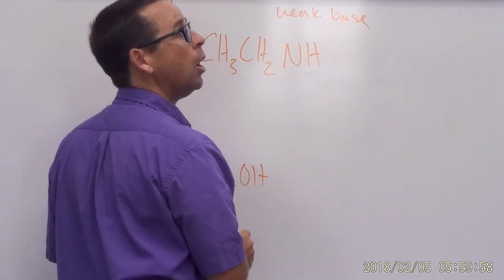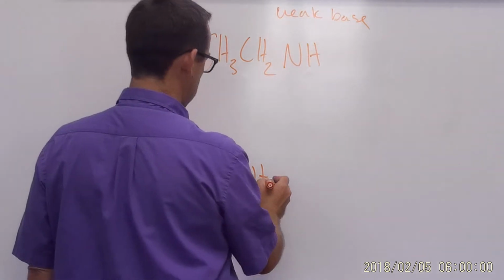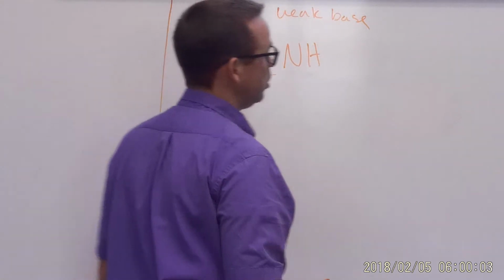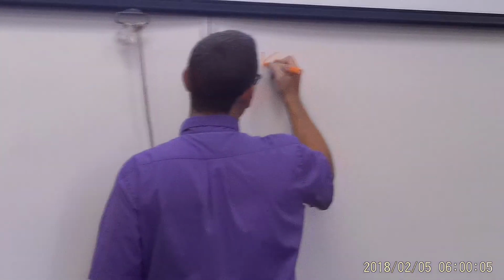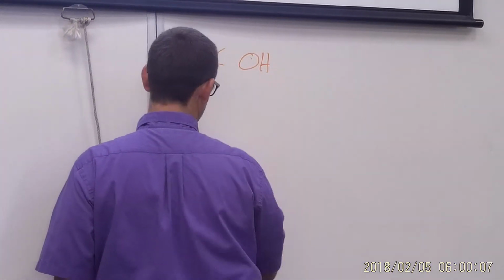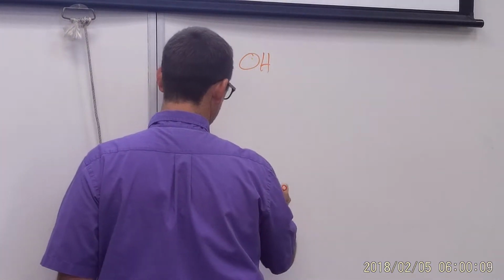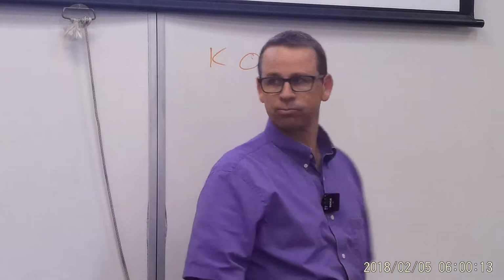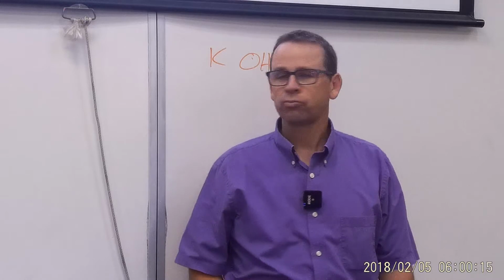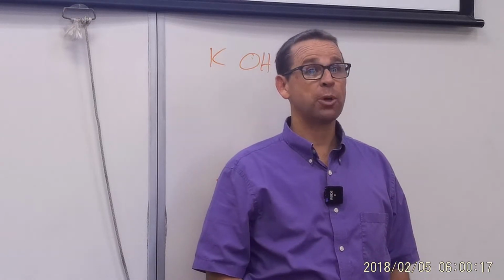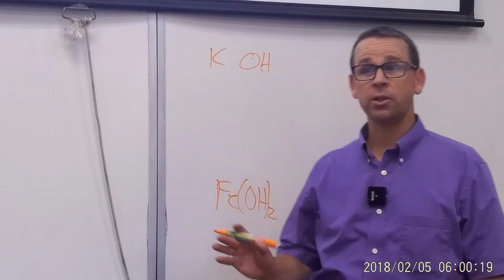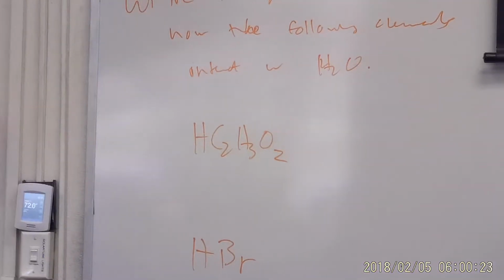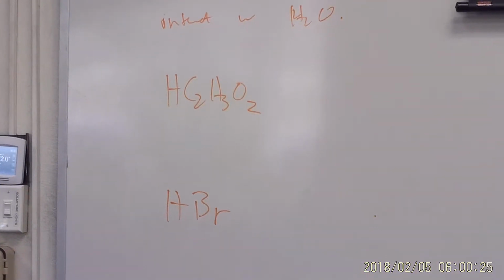Ba(OH)2, KOH, Fe(OH)2. All right, so we have some practice problems here. We're going to write how all of these interact with water. I'll throw a couple others over here too.